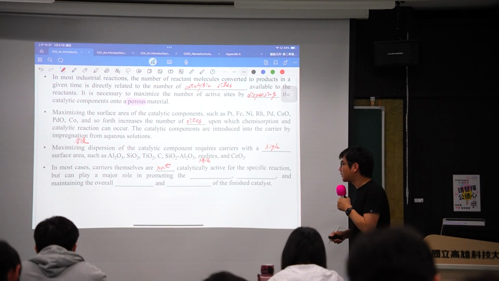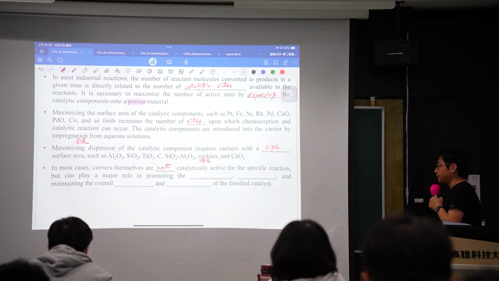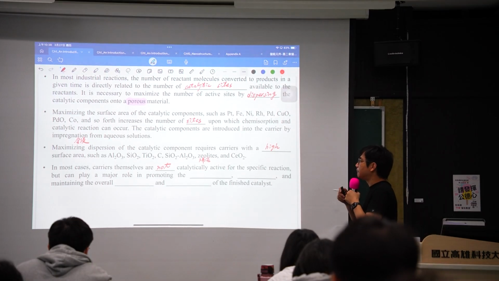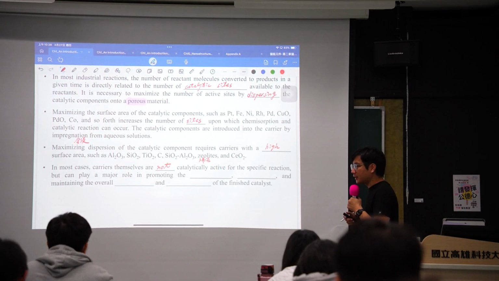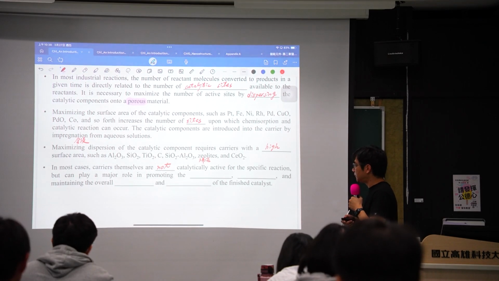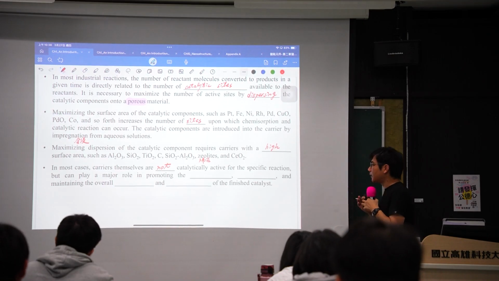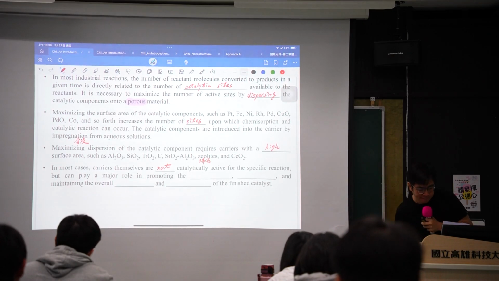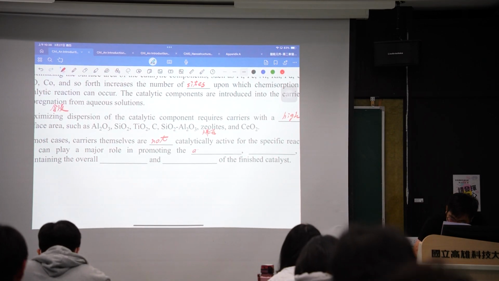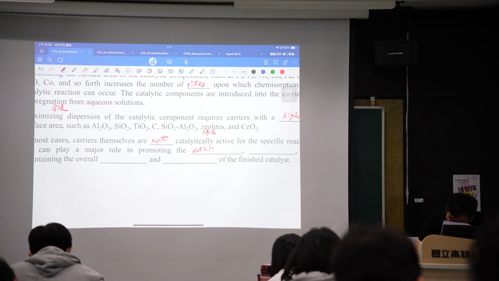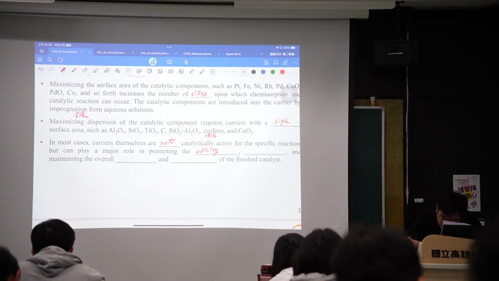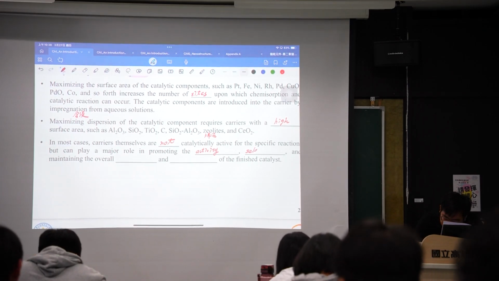In most cases the carrier has no activity. But even though they don't have catalytic activity, they can play an important role in promoting what? In promoting the activity, and also selectivity.